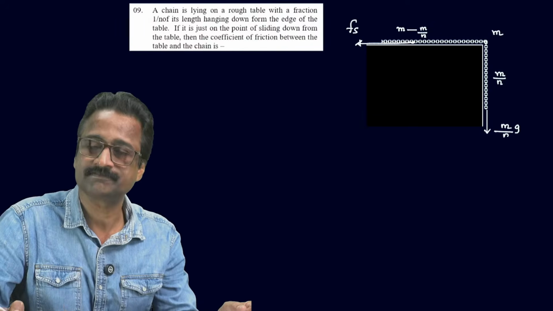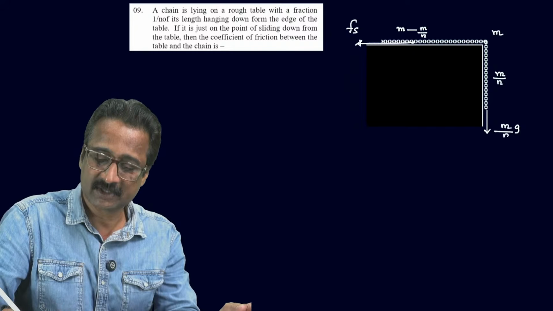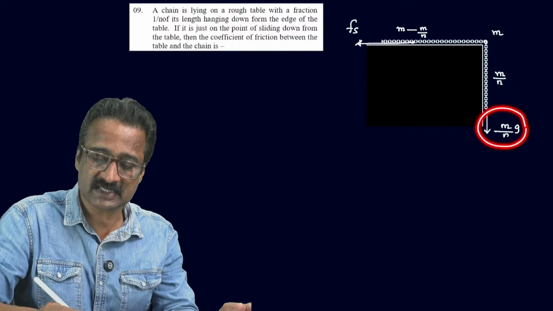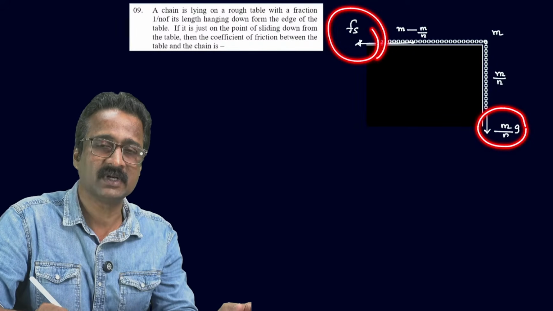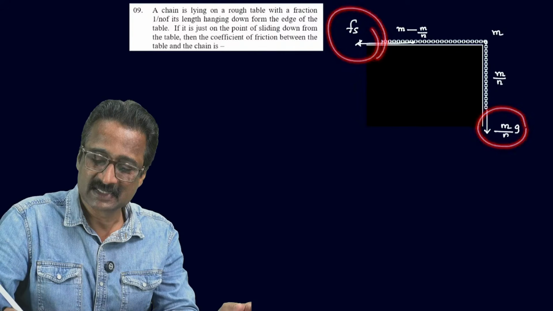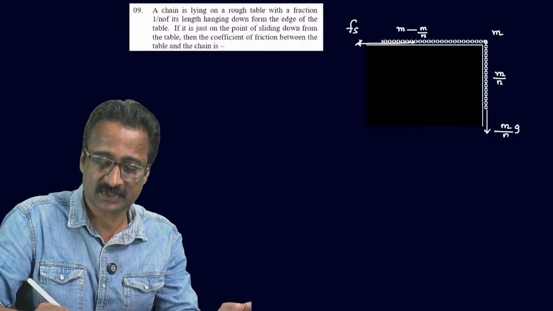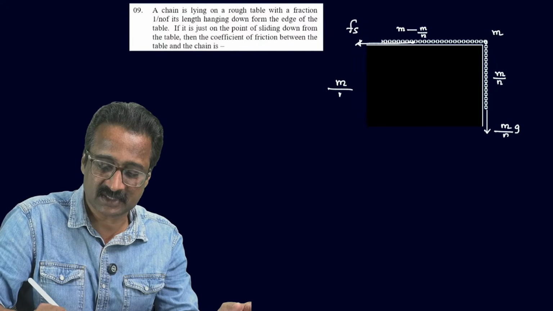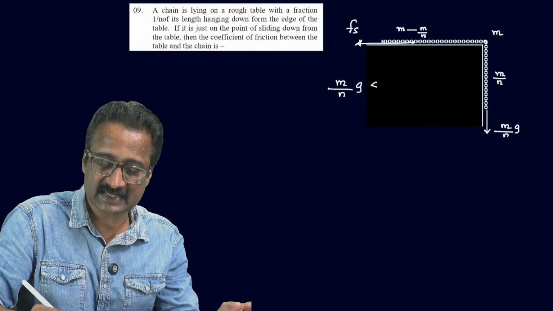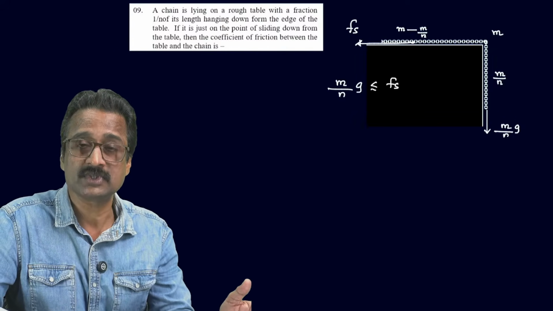Now, when will the chain slip? Remember, if this m by n into g is greater than Fs, the chain will slip. But if the chain doesn't slip, it means that this m by n g is not sufficient to break friction. In other words, the m by n g in the figure must be less than or equal to Fs for the chain not to slip.